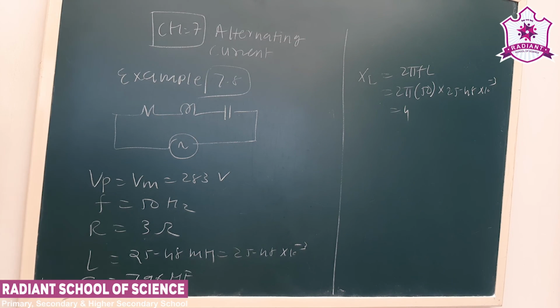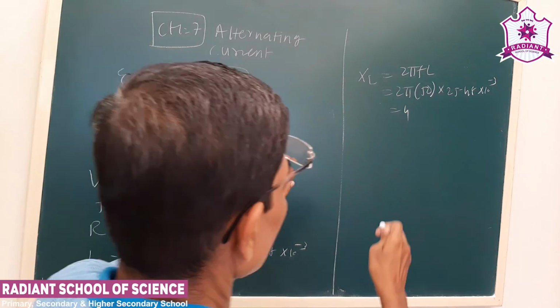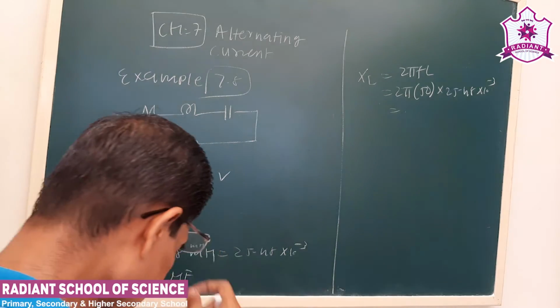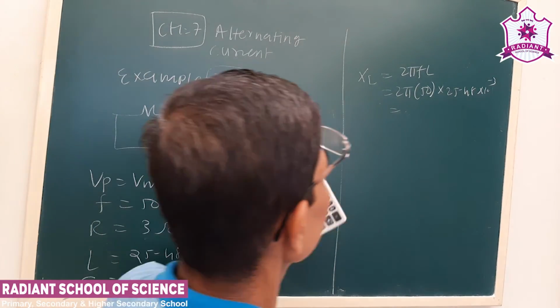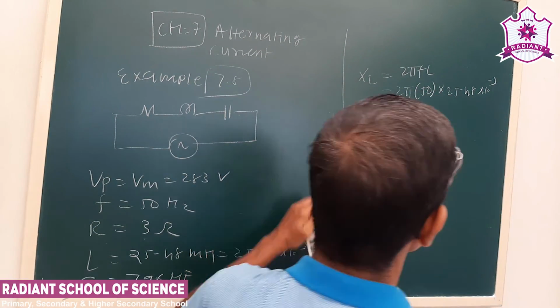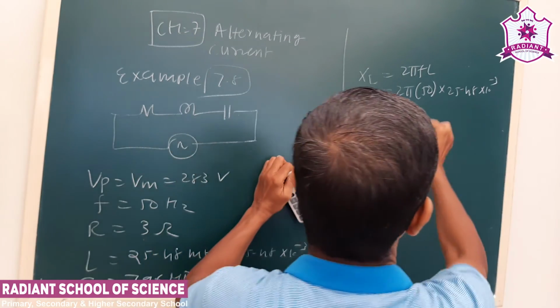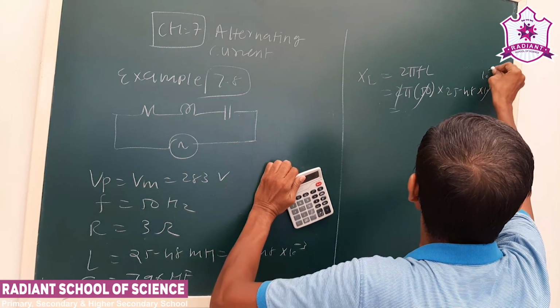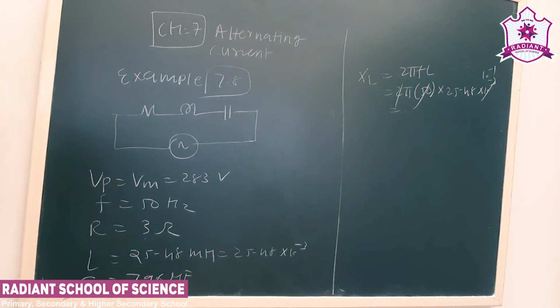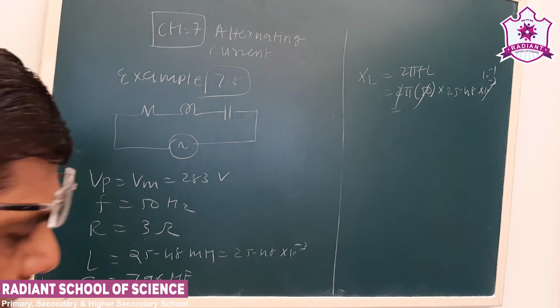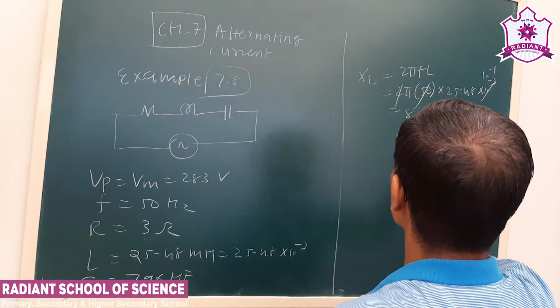And XL, let me calculate this. See, this will be 100 times 3.14 into 25.48 divided by 10. So this will be 8.